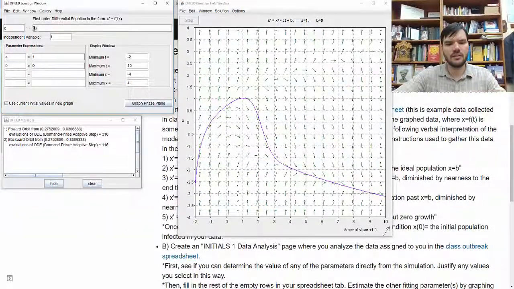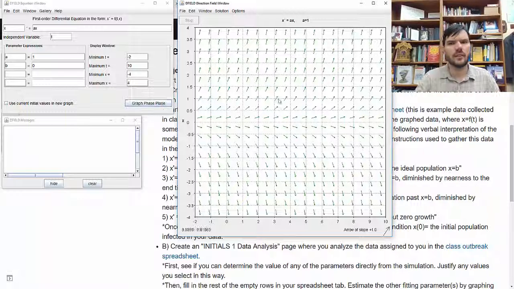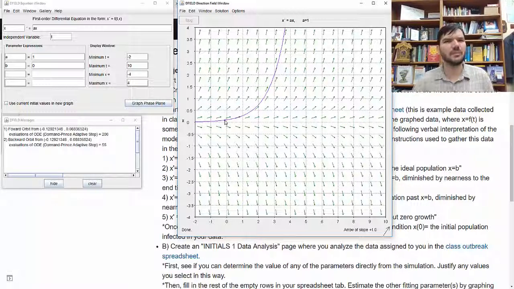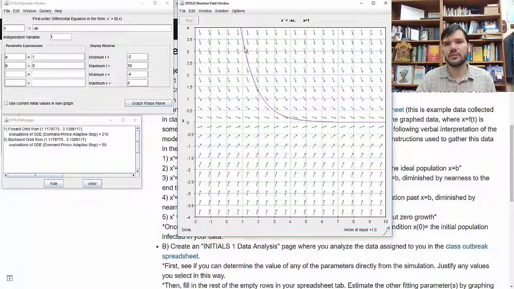So the first model that we looked at earlier is the exponential model. And you can see that this is also not a very good model because the population would just keep growing, growing, and growing. Or shrinking, shrinking, shrinking to zero.